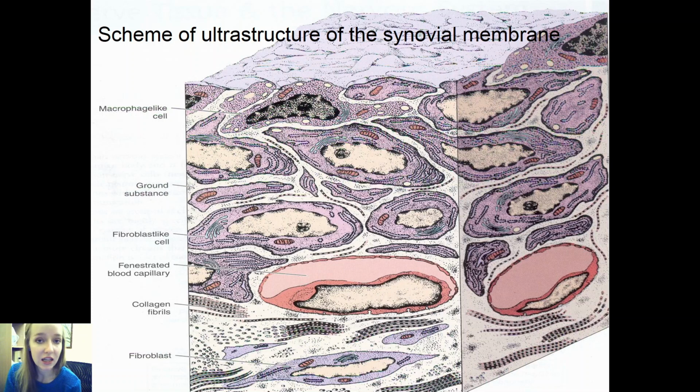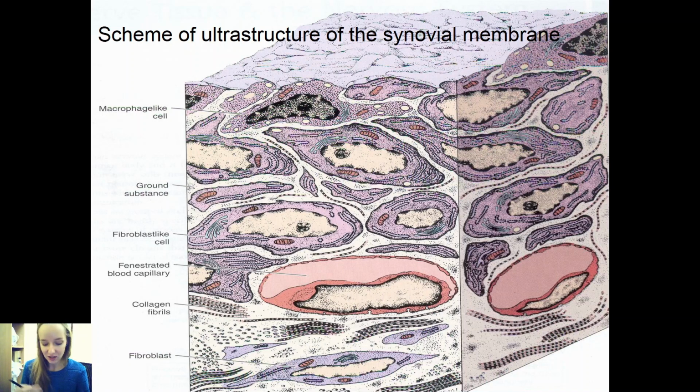This is just a scheme of the outer structure of the synovial membrane. Here we have these cells that produce synovial fluid, and we also have these macrophage-like cells between these normal cells. These macrophage-like cells act like macrophages, so they eat and phagocytose.